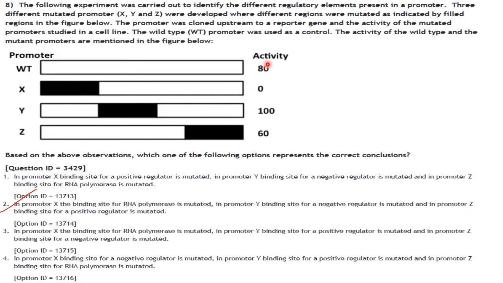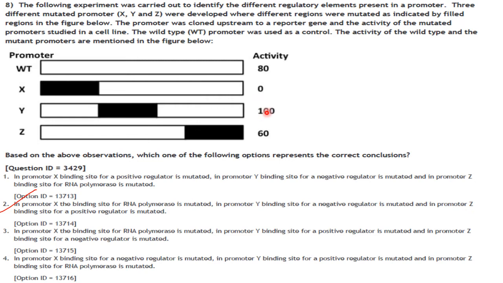Wild type is having 80% activity, whereas this one where the promoter itself is mutated, you have 0% activity. Then Y is the binding site for the negative regulator, that is over here, negative regulator or the repressor. So when that region is mutated, the reporter gene showed 100% activity.